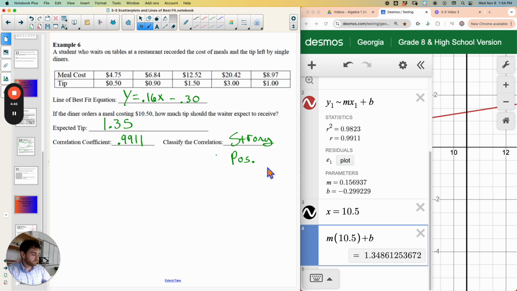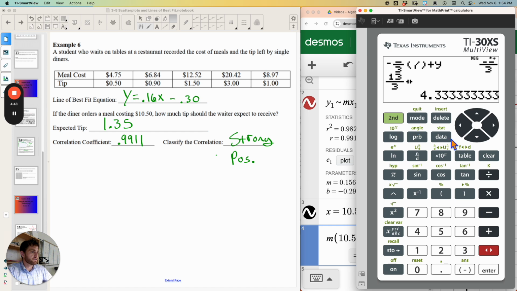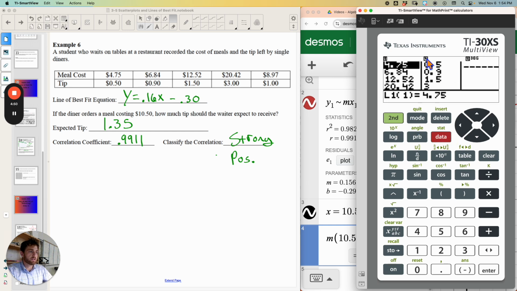Now, one last thing I want to show you is using the calculator. So I actually already have the data plugged in here. So you'll see after clicking data, I go to my table, and you can do it this way as well. You're going to plug in each of your data values just the way that they're plugged in here.